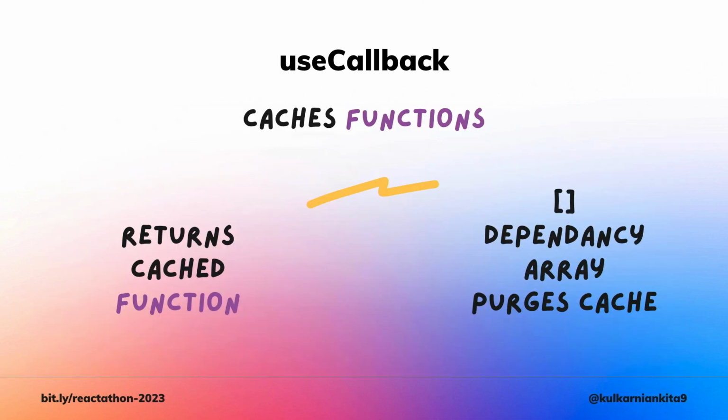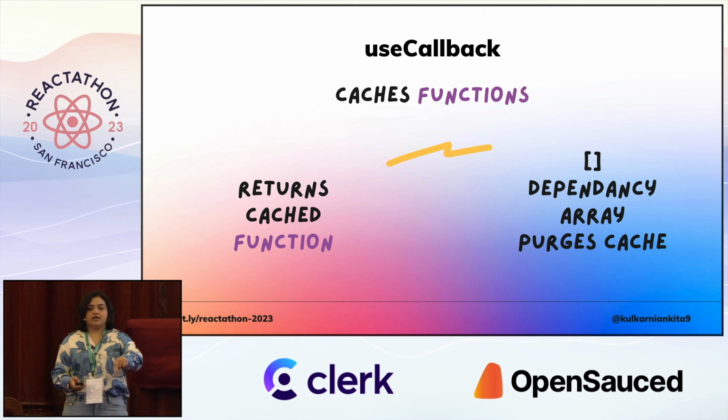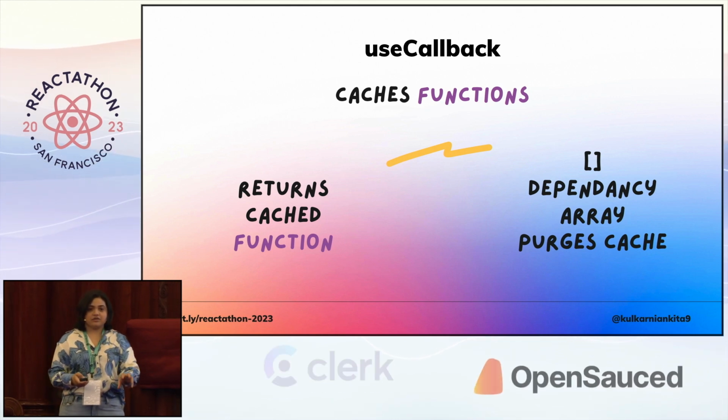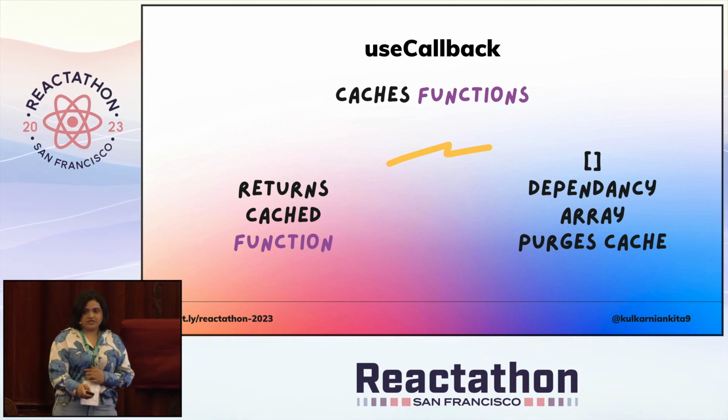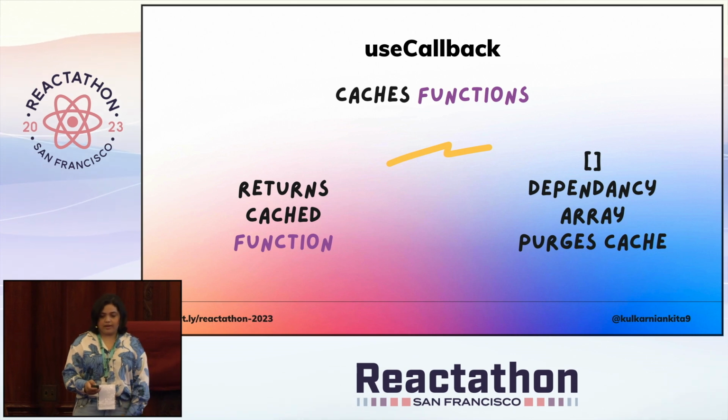For example, useCallback in this case will cache functions. It will return the cached function, and that dependency array is very important right there, because what we're saying is, hey, you can purge the cache if the dependency changes. Otherwise, just keep giving me the same function over and over. And that's the whole point of useCallback.